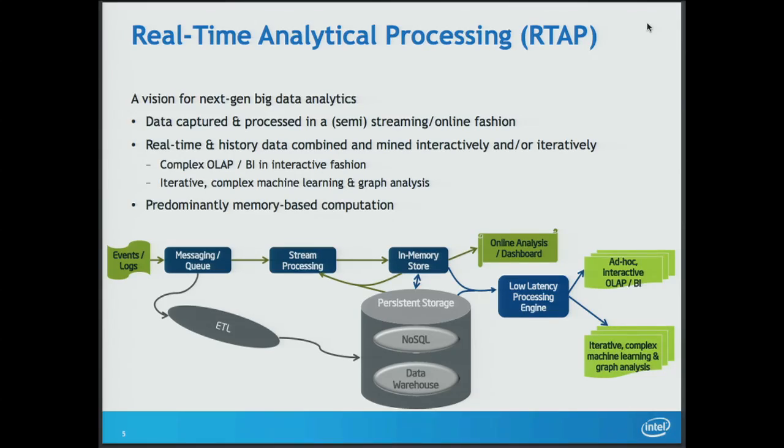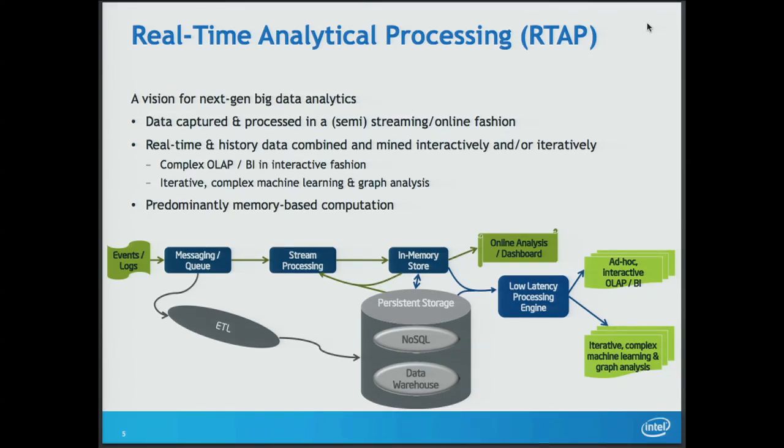So in this paradigm, you have a lot of events or logs coming into your system continuously, and the real-time data needs to be captured, processed and consumed in a semi-streaming or online fashion. In addition, the real-time data and history data need to be combined and mined interactively and iteratively.